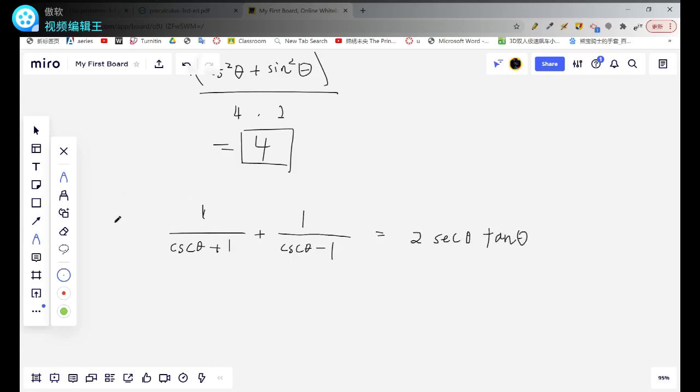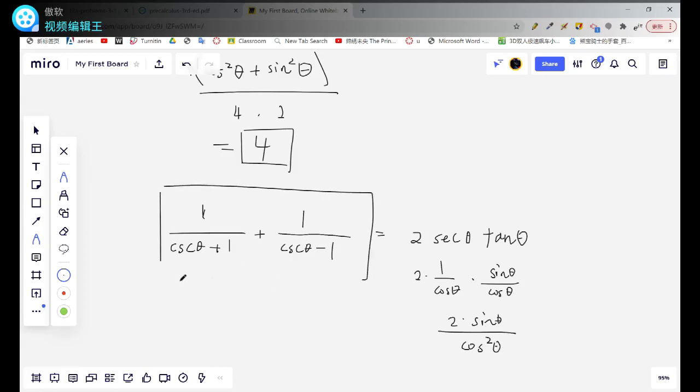We just want to prove that this is equal to this, okay? We can actually simplify the right side even more. This is basically just equal to 2 times 1 over cosine times sine theta over cosine theta. Basically just 2 times sine theta over cosine squared theta. And then we just want to prove this.